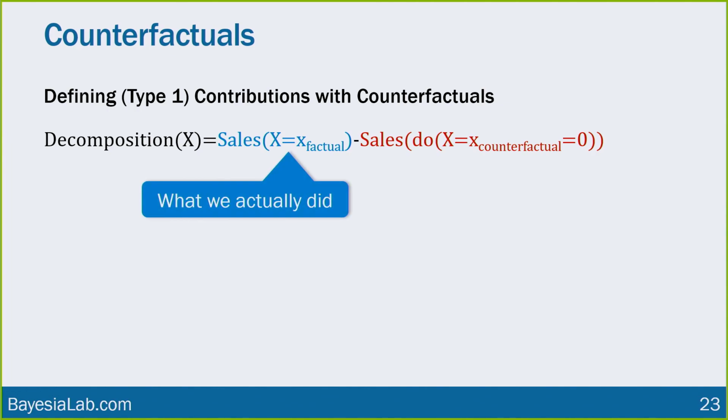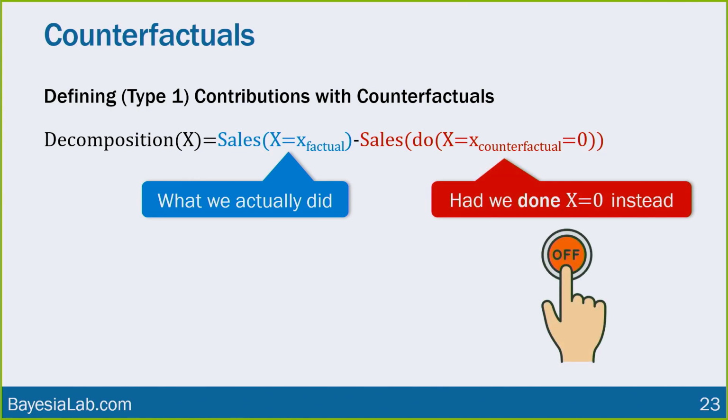What we actually did, the outcome based on what we actually did, minus the counterfactual outcome, had we done X equals 0 instead. And here I need to emphasize done, not just merely observe, but had we actively set X to 0.